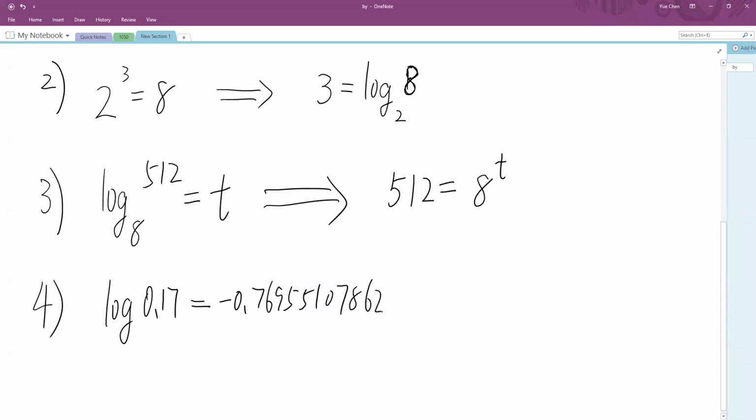It says to round your result to 5 decimal places: 1, 2, 3, 4, 5. Then you look at the 6th one. Is it greater than or equal to 5, or less than 5? It's less than 5, so no problem. We just ignore after that. If it's greater than or equal to 5, you need to round up. This would be your answer.